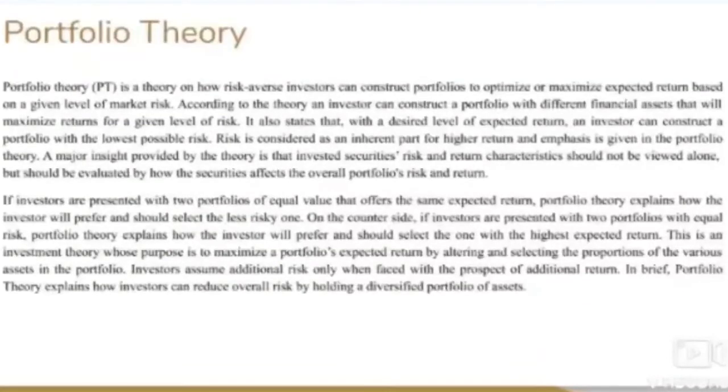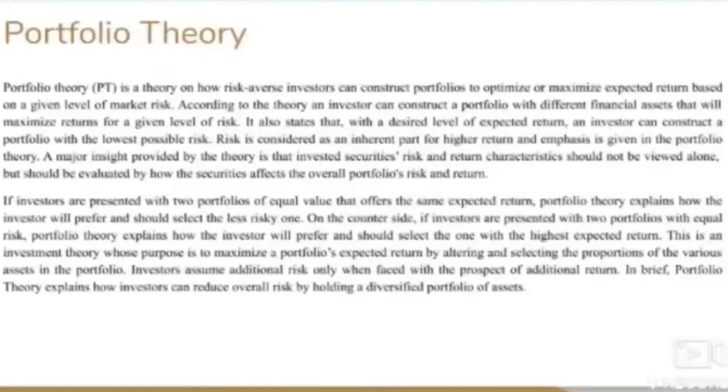So in portfolio theory, they are talking about how we can create a portfolio by getting the minimum level of risk and with maximum level of return. So we saw in portfolio analysis that we are analyzing the risk and return of several portfolios created. So portfolio theory is dealing with how these portfolios can be constructed with the minimum risk and the maximum return.